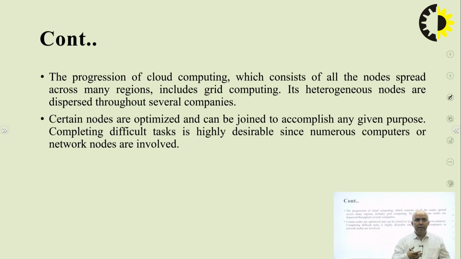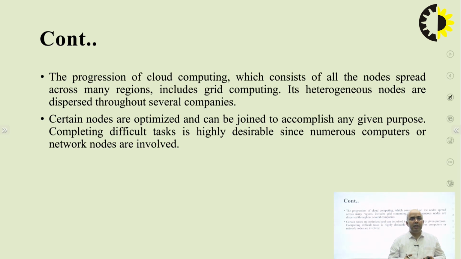During the progress of cloud computing, which consists of all the nodes spread across many regions, grid computing is included. So it has heterogeneous nodes dispersed through several companies or several geographical locations. Why are these various nodes being optimized?